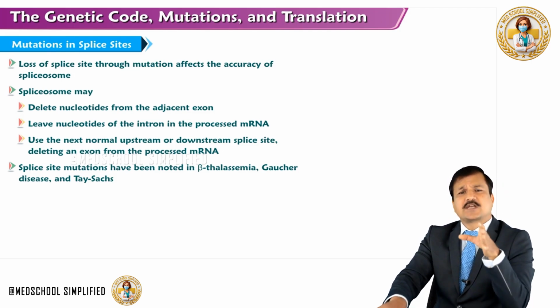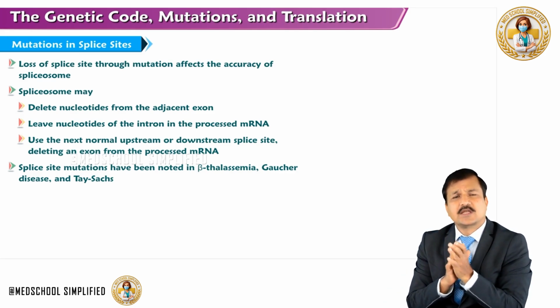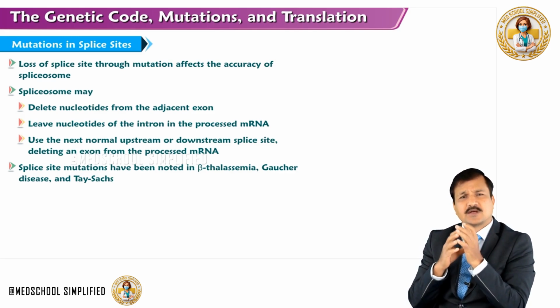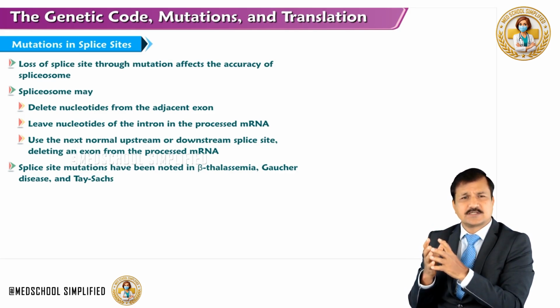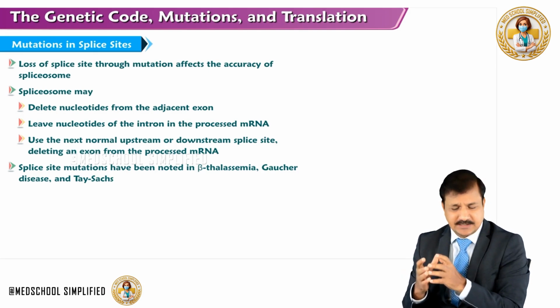Mutations in splice sites have now been documented in many different diseases, including beta thalassemia, Gaucher's disease, Tay-Sachs disease and others. That's about mutation in splice sites.